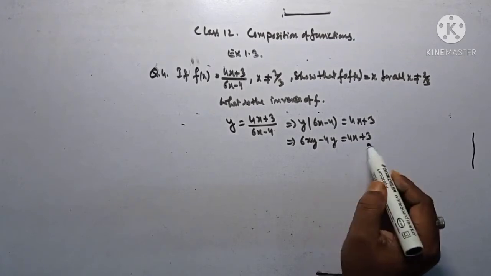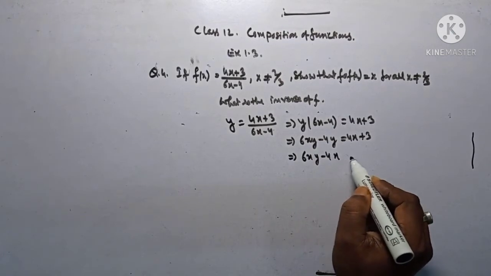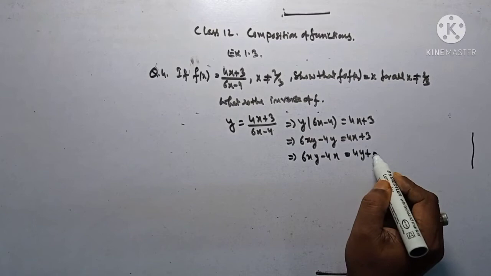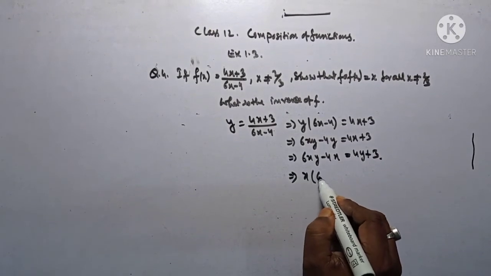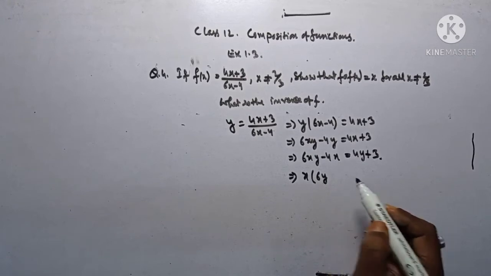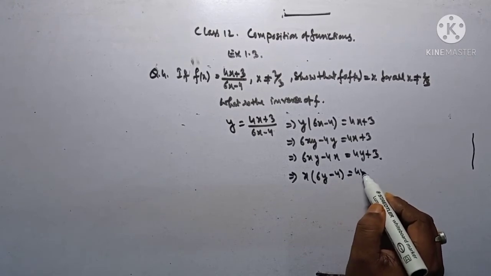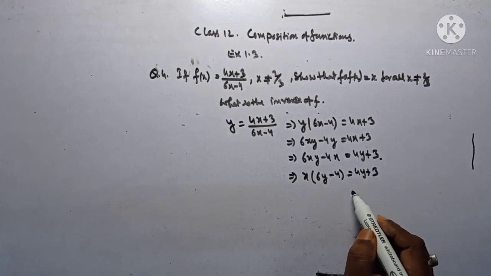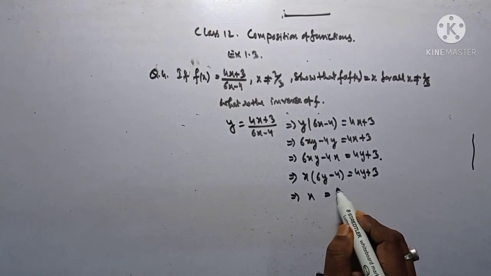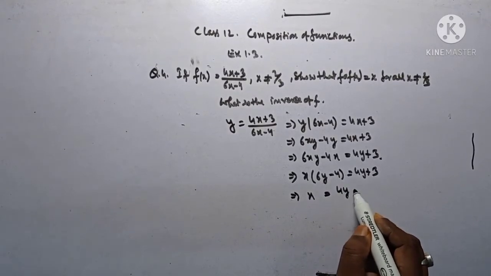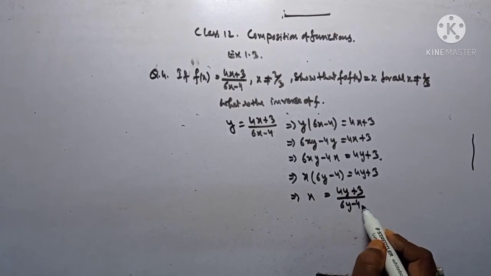Let this move here and this go there. So 6xy minus 4x is equal to 4y plus 3, and this is x, so x(6y minus 4) is equal to 4y plus 3. So your x comes out to be (4y plus 3) by (6y minus 4).